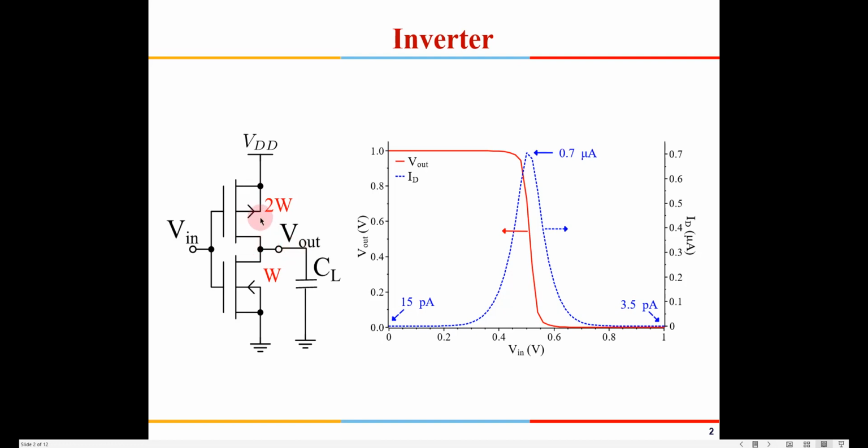We also saw in the last class why we do so, because PMOS is a good transmitter of 1 and an NMOS is a good transmitter of 0. That is the reason we make the inverter in this configuration, with the PMOS on the top and the NMOS on the bottom.